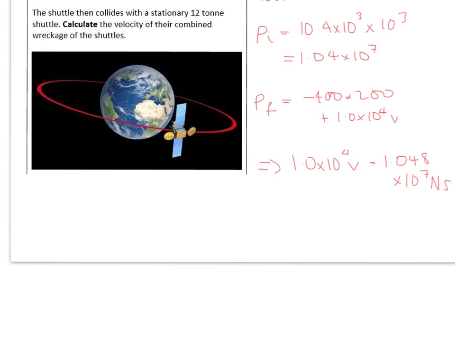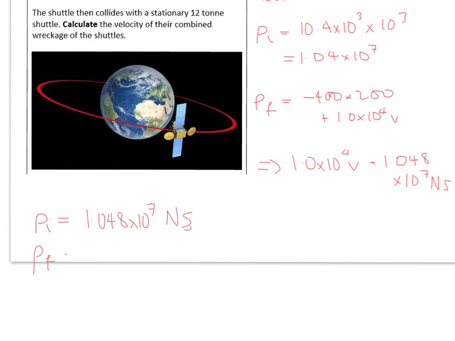So then it says this shuttle is going to collide with a stationary 12-ton shuttle. So in that collision, we know the initial momentum is this 1.048 times 10 to the 7 Newton seconds, which is why I didn't bother calculating the velocity before, because I knew I was going to need the momentum later on anyway.